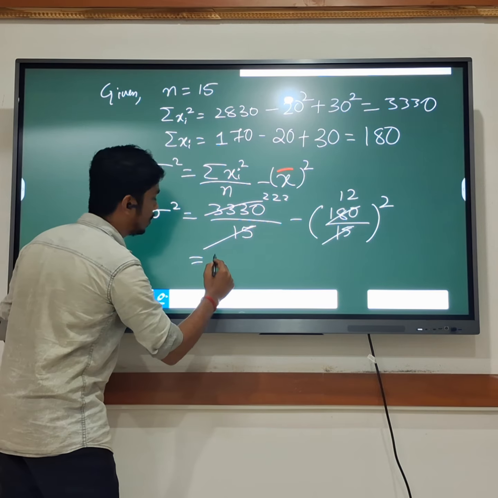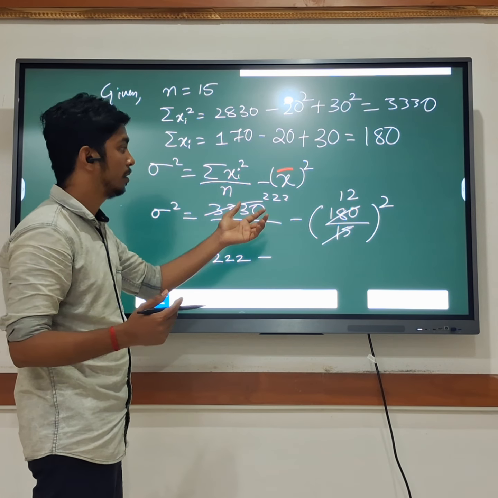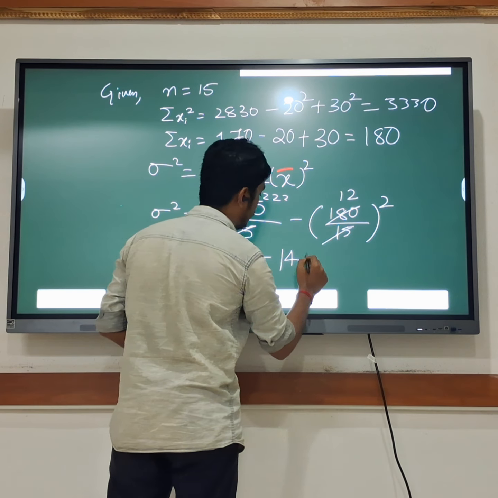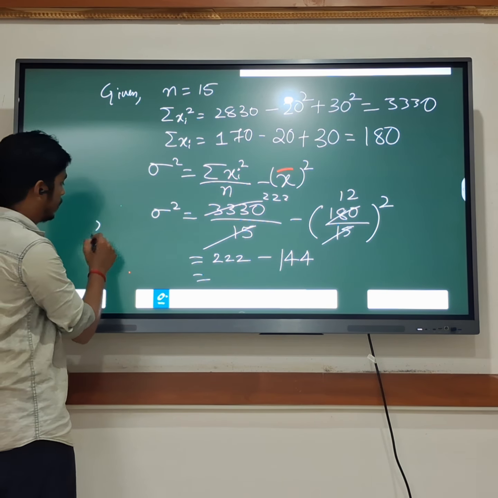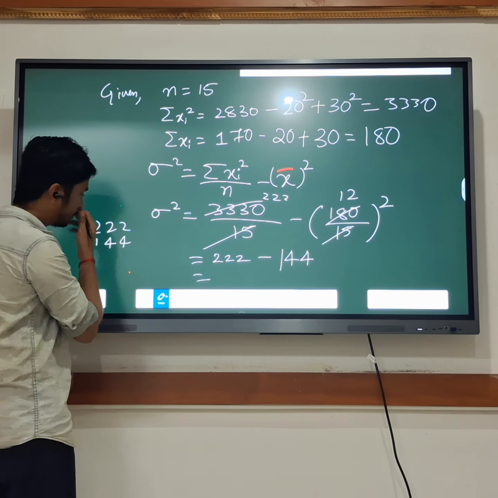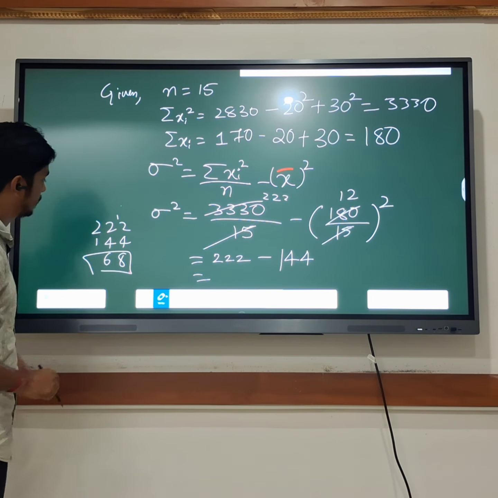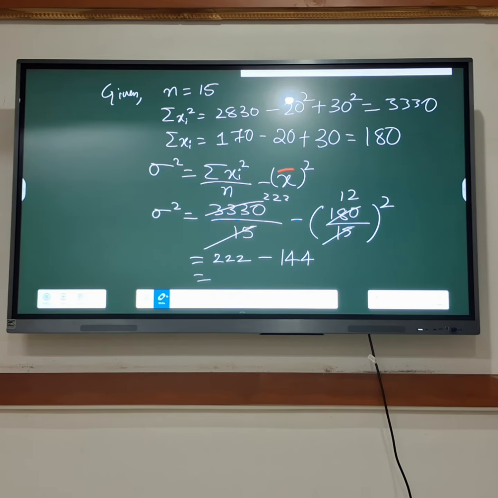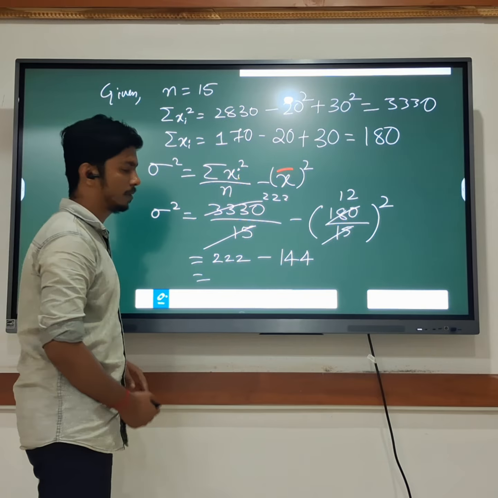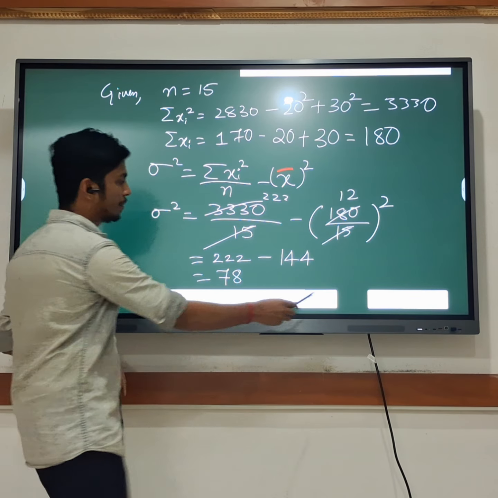So now it will become 222 minus 12 square. 12 into 12 is 144. So here 222 minus 144 is 78.